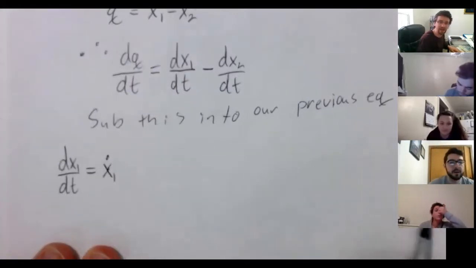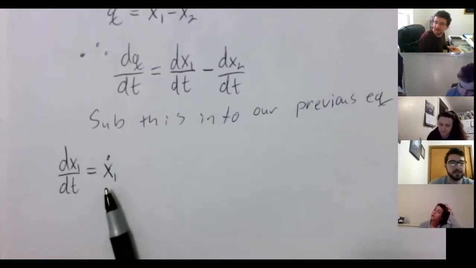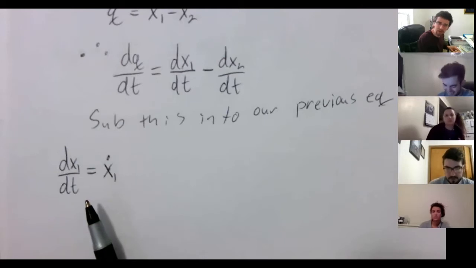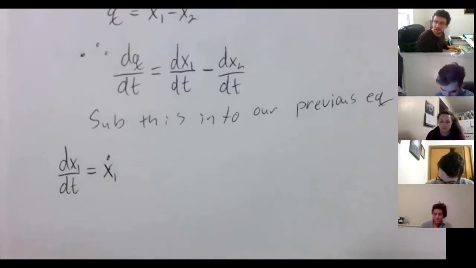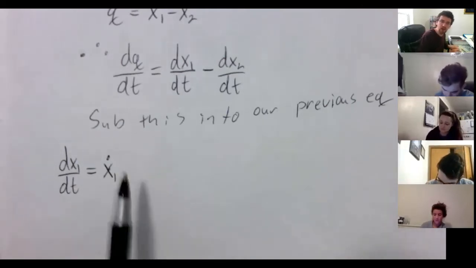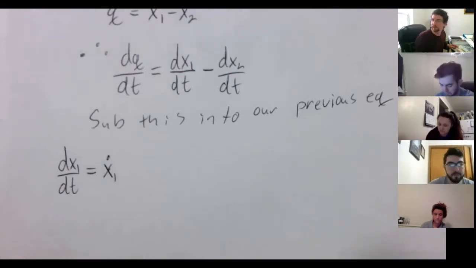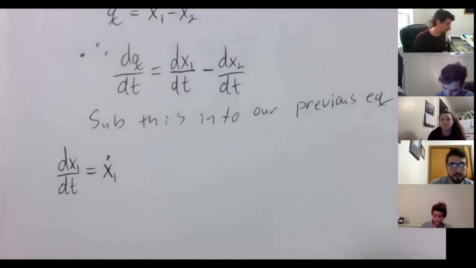I remember being introduced, but I don't remember what it means. Just lazy notation, really. So this is just another form of notation. It makes it way easier so we don't have to write dt's everywhere.